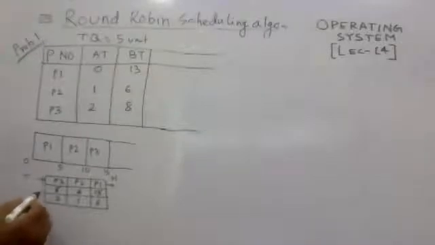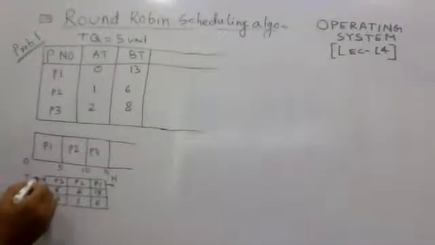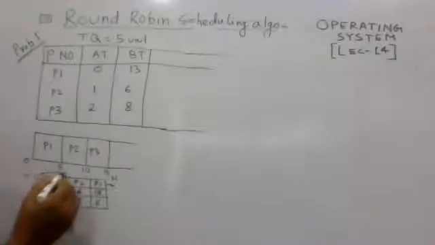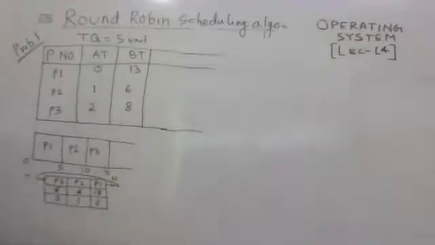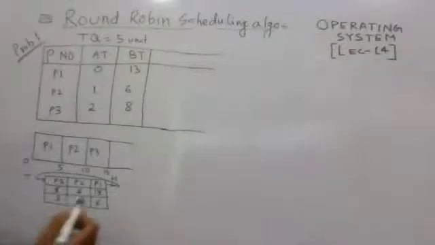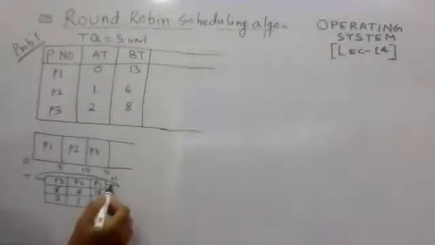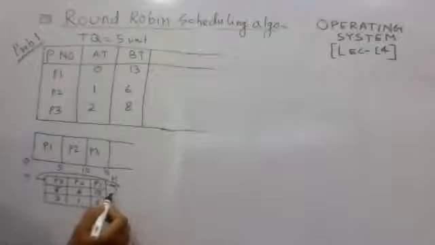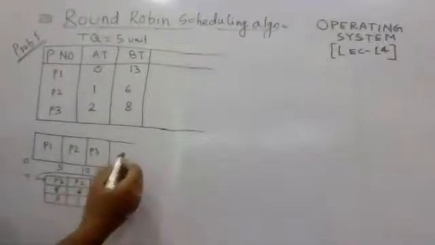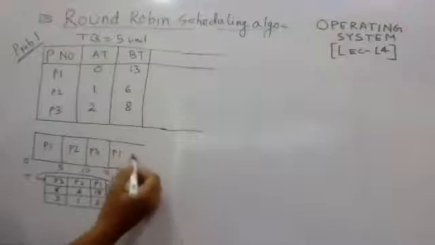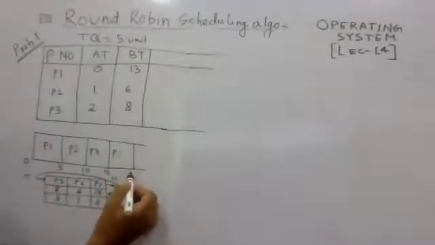So again, this is the first cycle completed. So again we have to start from here. So again we have to assign P1 for time unit 5.